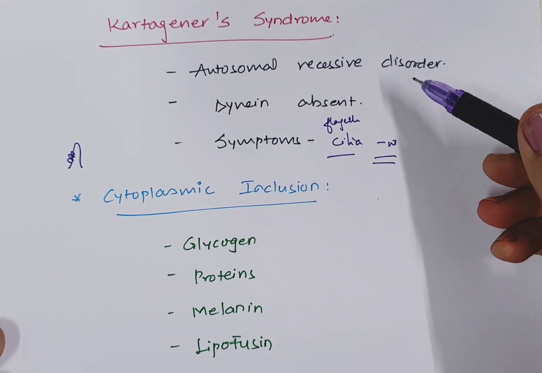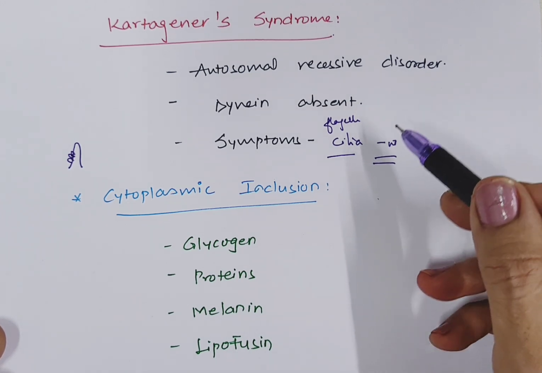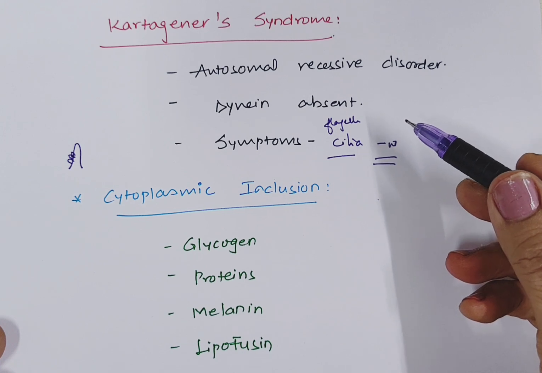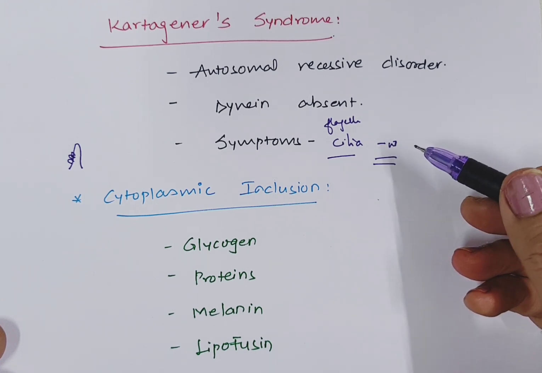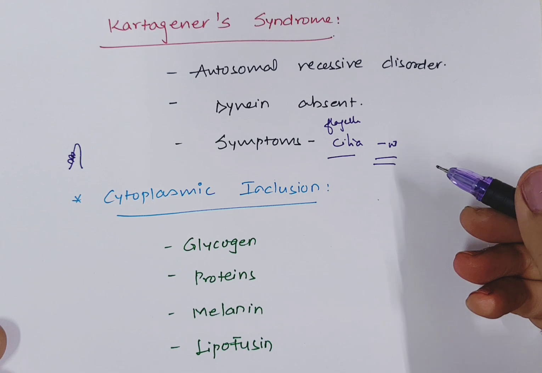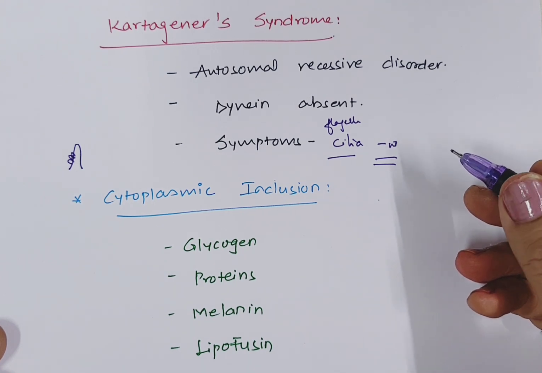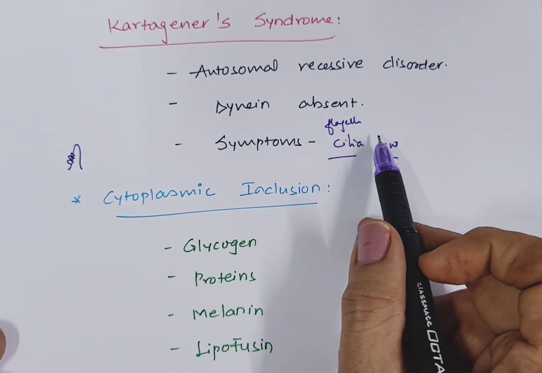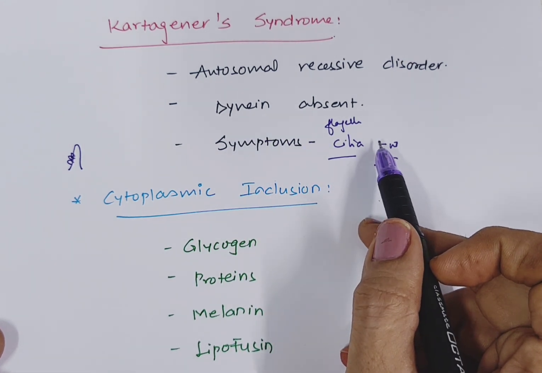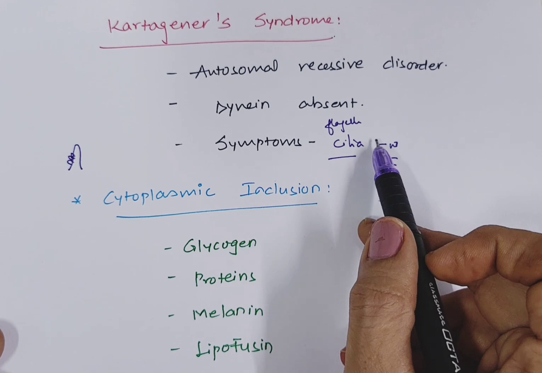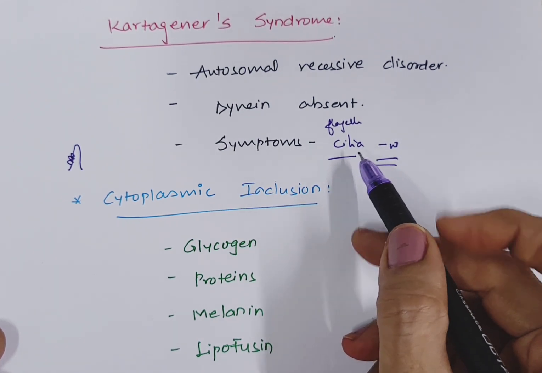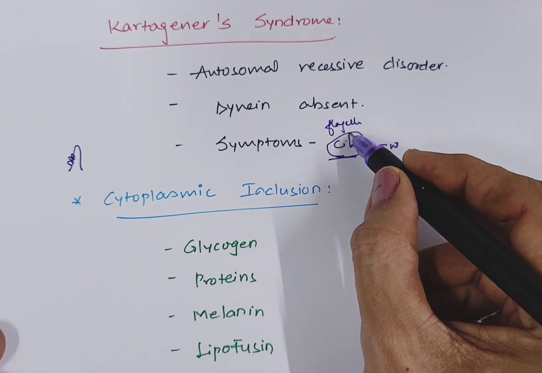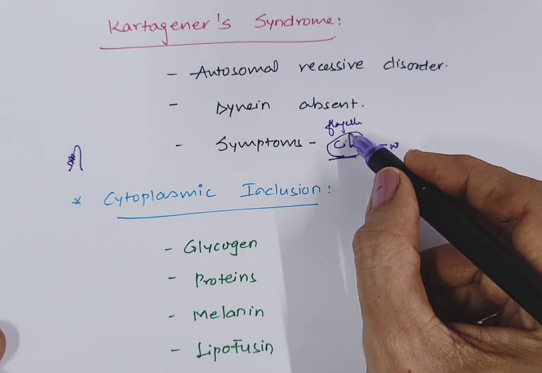If ciliary movement is absent, that results in recurrent respiratory tract infection, because the cilia of the epithelial cells of the respiratory tract are important for the removal of foreign particles. In males, sperms have flagella, and their movement also requires dynein. So if dynein is absent, flagellar movement is absent in the sperm, and that results in infertility. So the patient has recurrent respiratory tract infection because of lack of ciliary movement, and male patients have infertility because of lack of flagellar movement.